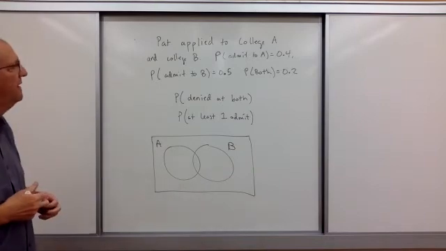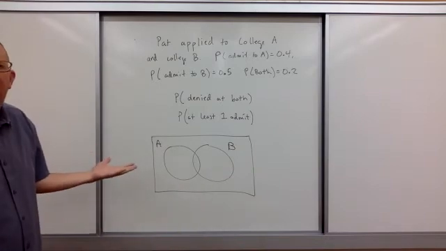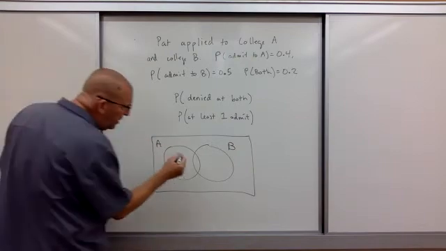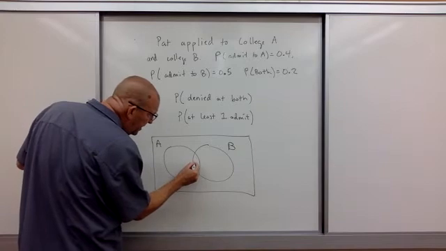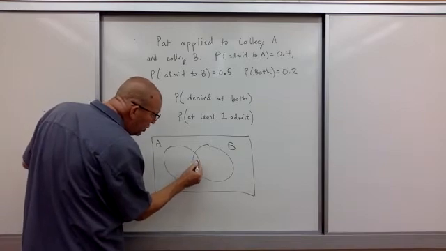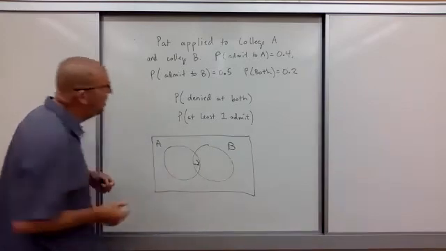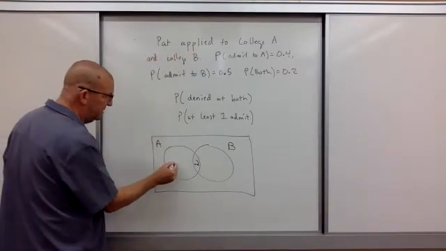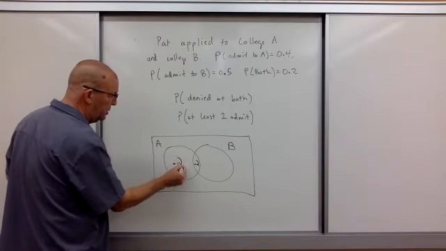Now, how do we start with the Venn diagram? Why don't we start with the overlap? It's the probability we're into both. Looks like 0.2. So the probability for A was 0.4, so that must mean this is also 0.2.